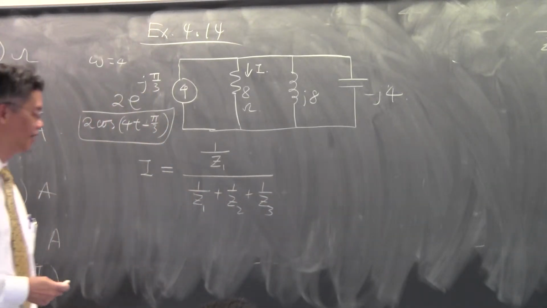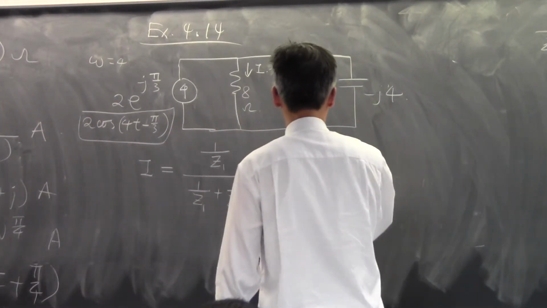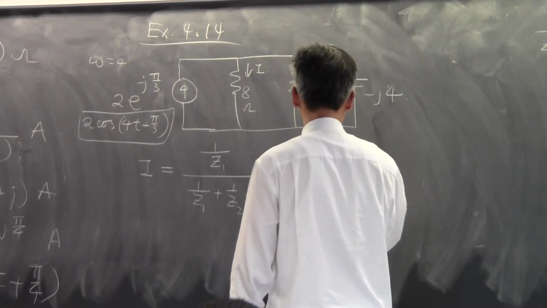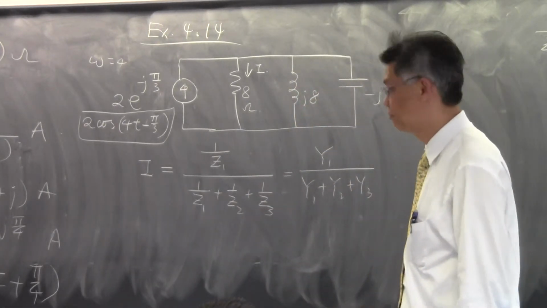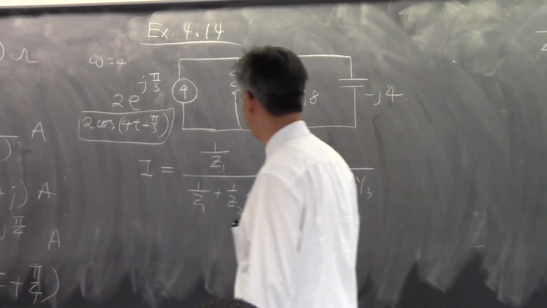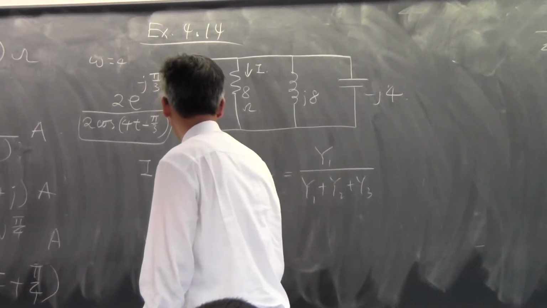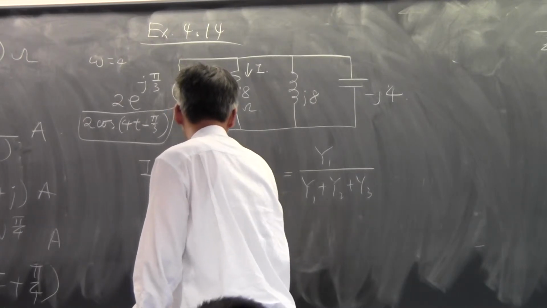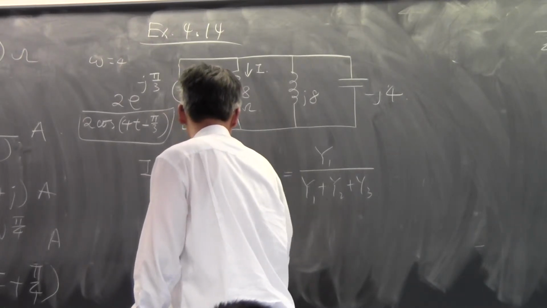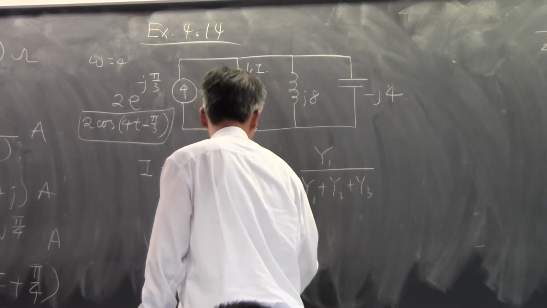So actually it is this formula: Y1 over Y1 plus Y2 plus Y3. This is called the current divider formula. The voltage divider formula would be R or Z1 over Z1 plus Z2 plus Z3.